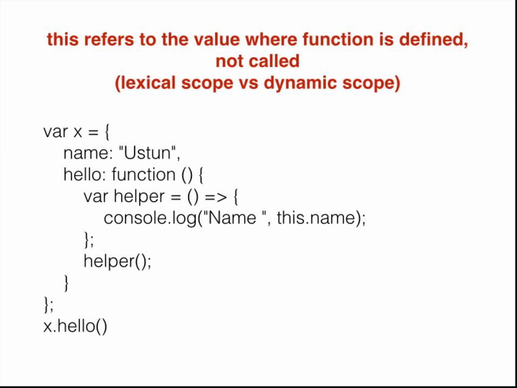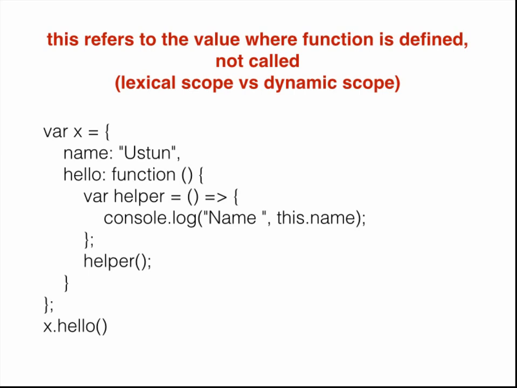Can you repeat? Yes. So normally, if I had a normal helper function, the value of this keyword would change according to how I call it. For example, I call helper without any method or object references, right?